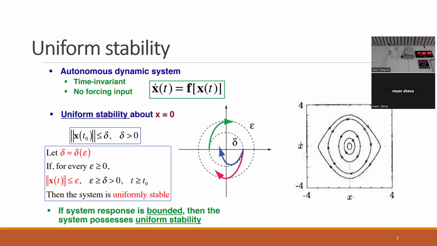If this new place that the system moved to is bounded within an epsilon environment, then the system is stable. Yes.